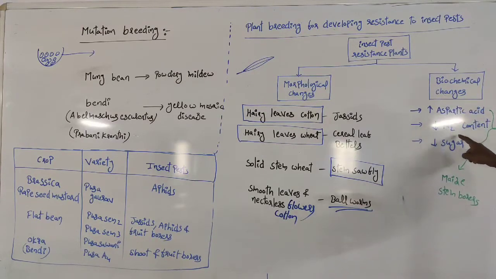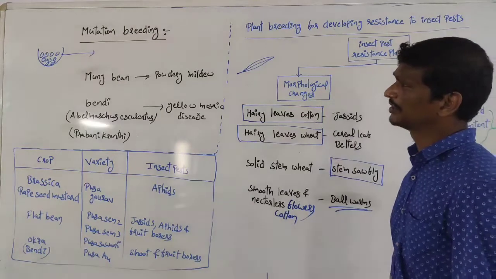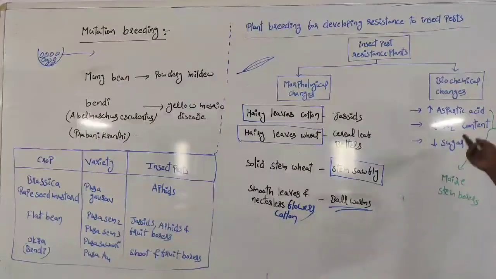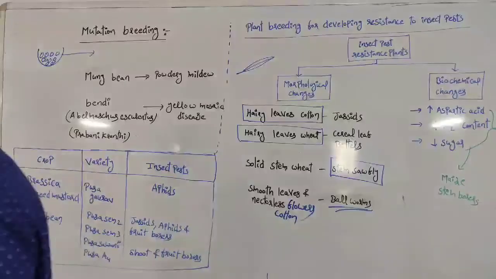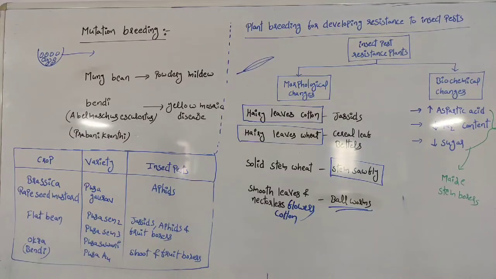In presence of these conditions, maize plants show resistance to stem borers. So that is about some of the resistant plants developed against insect pests. And next one we will discuss nutritional plant production.